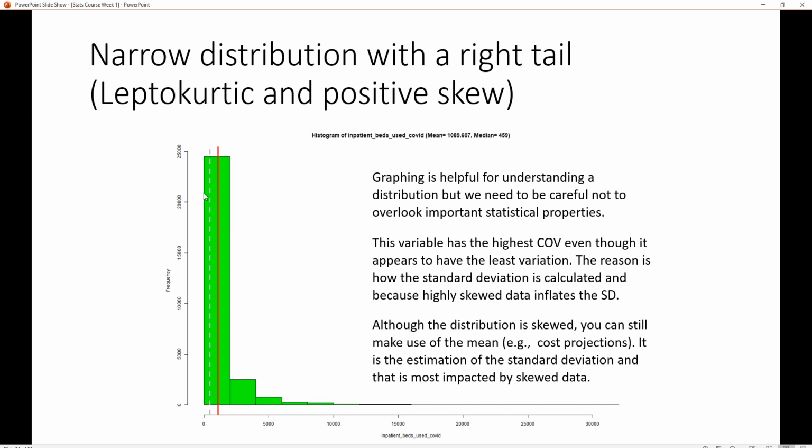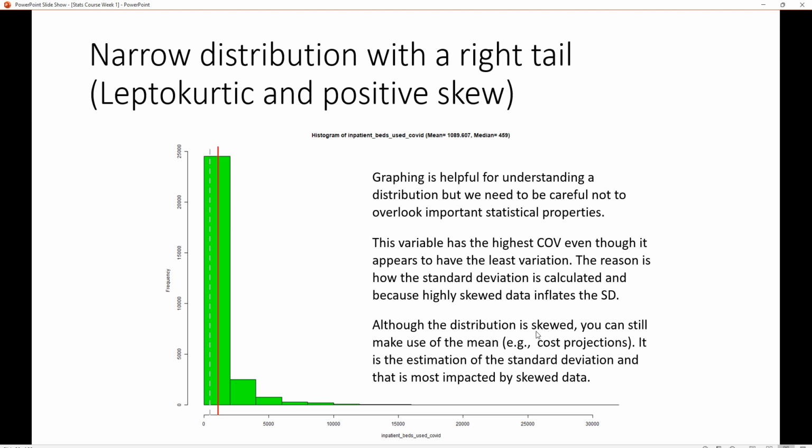So we have a very narrow set of values here, but we also have extreme values on the right. So when we actually do the calculation for standard deviation, that's kind of one of the worst case scenarios because it really inflates the standard deviation.